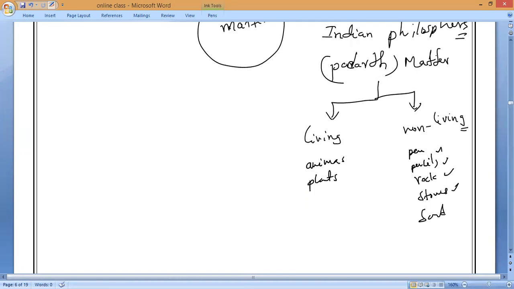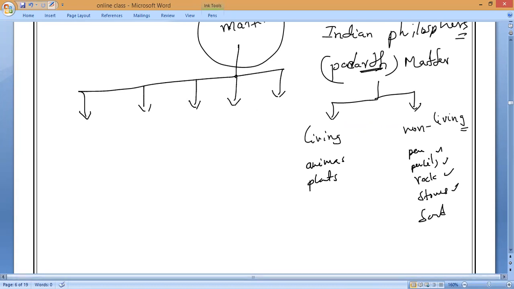So our Indian philosophers will say that every padarth, whether it is a living thing or non-living thing, is made up of 5 basic elements. How many, guys? Every matter is made up of how many? It is made up of 5 basic things. You might have noticed in our Hindu culture, our Indian culture also, that is what we used to say: Panch tatva.